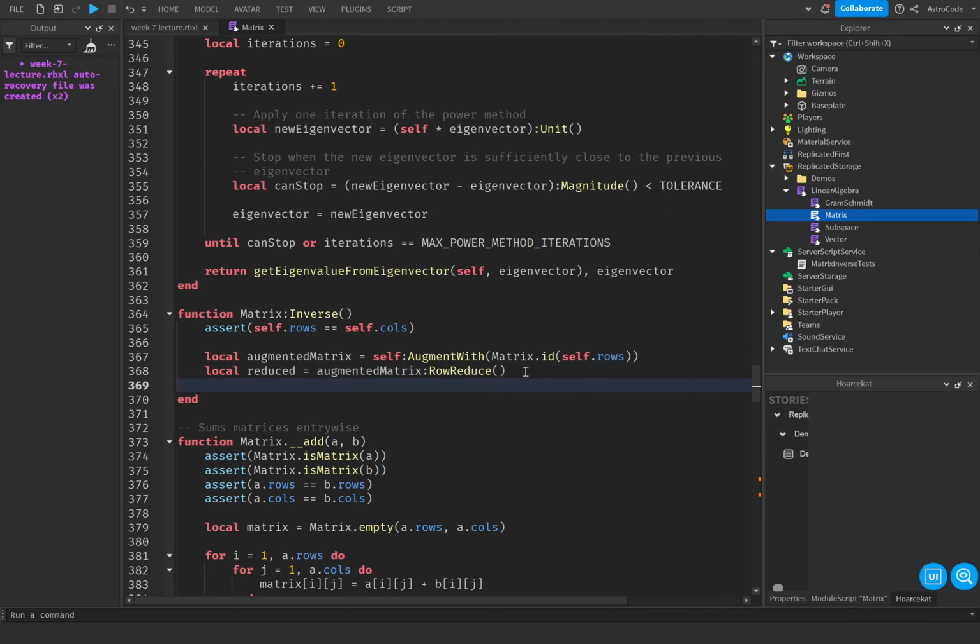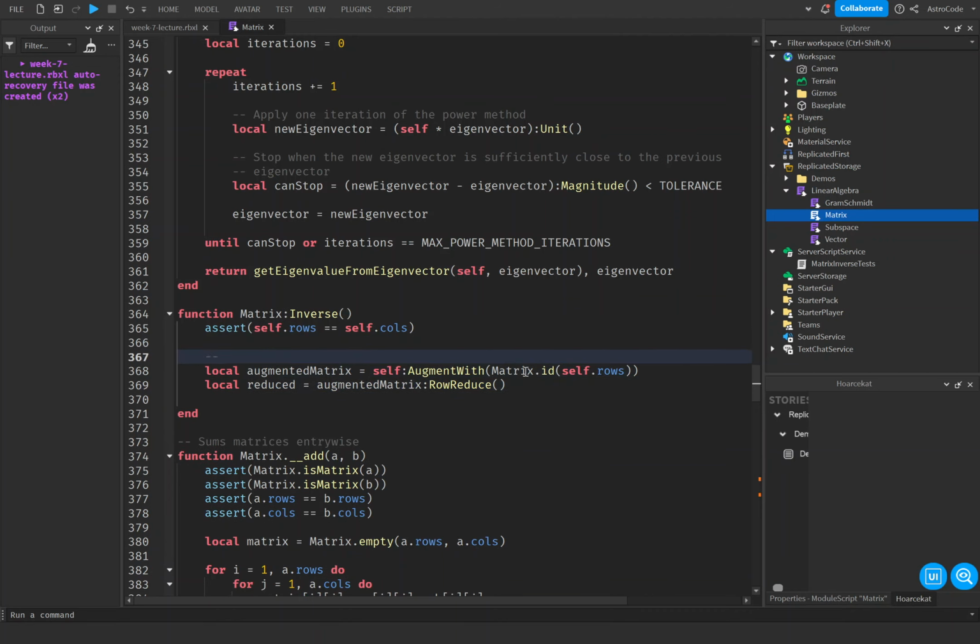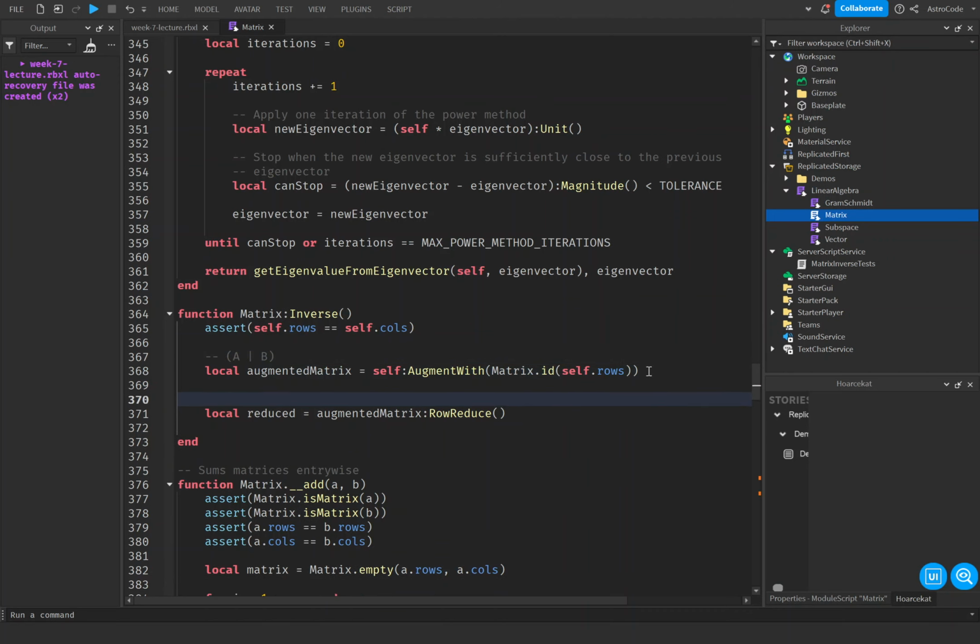So remember, when we augment, we end up with something like A augment B. And then when we row reduce, our goal is to get something that looks like I augment B. So we have to make sure that the left half of our matrix now is the identity.